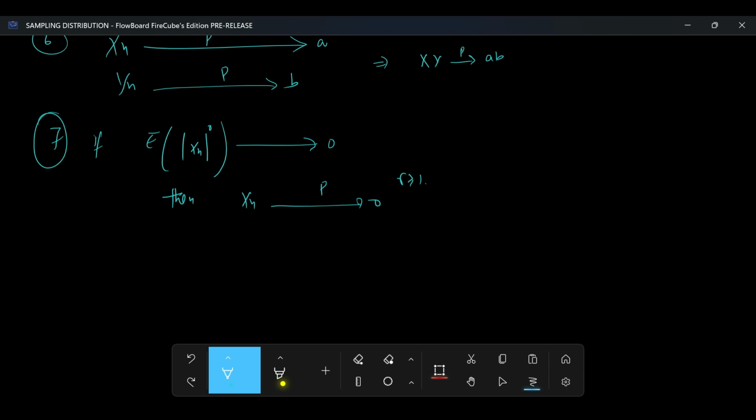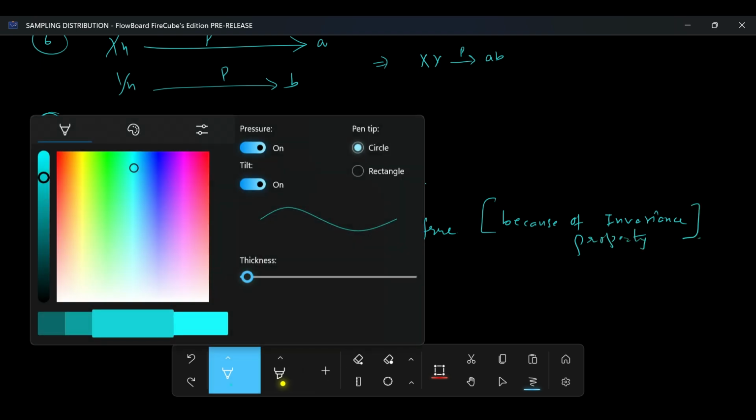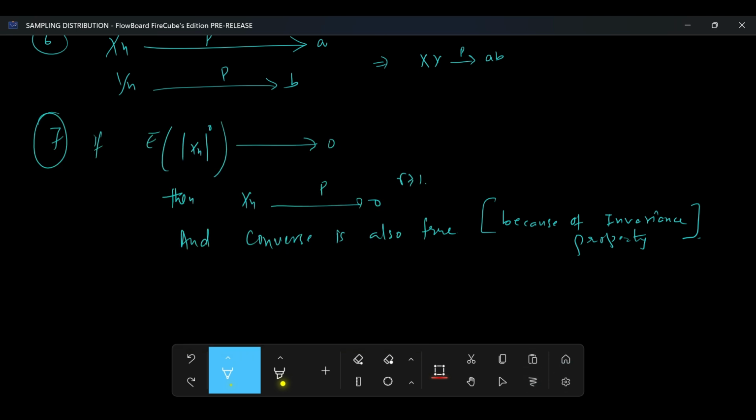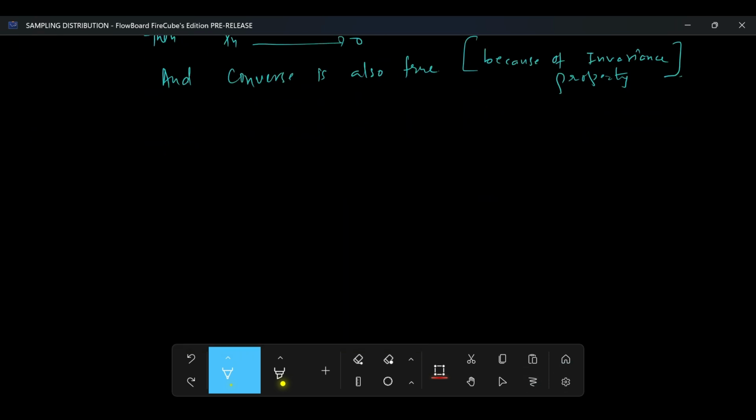This is true, and the converse is also true. Why is the converse also true? Because of the invariance property. Now what is the invariance property? Let's discuss.